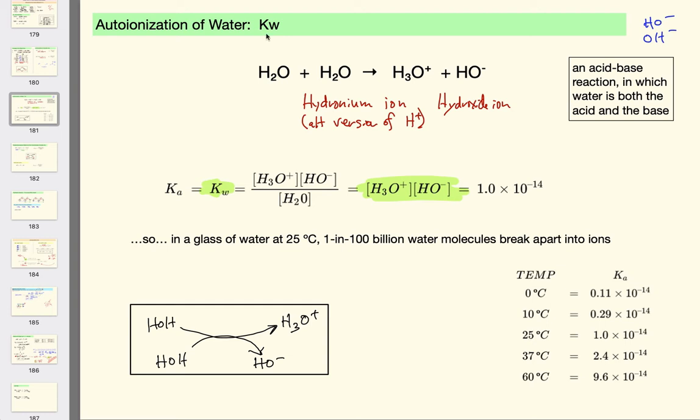And it just so happens water has one of those reactions that always occurs. One water can bump into another water to produce a hydronium ion and a hydroxide ion. So here we have water acting as an acid, generating a hydronium ion, and also acting as a base, generating a hydroxide.